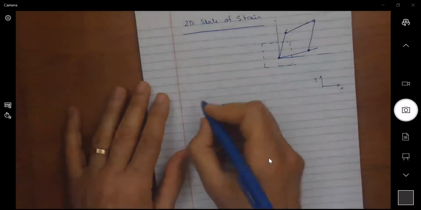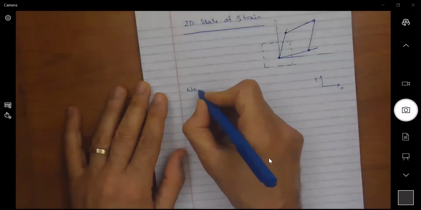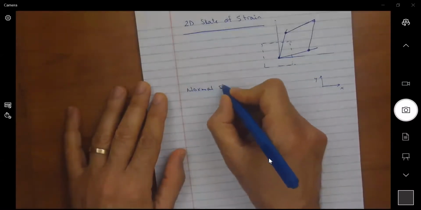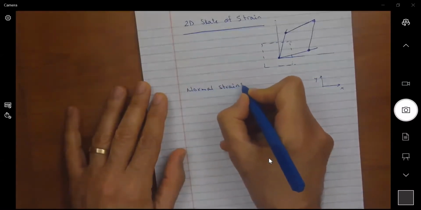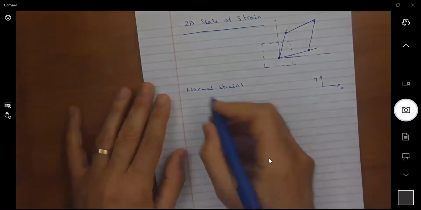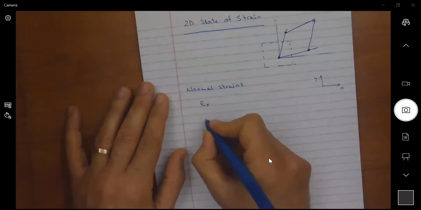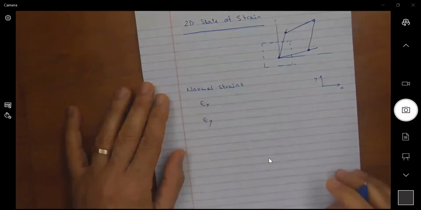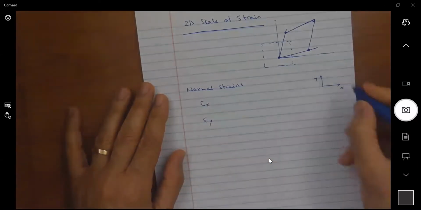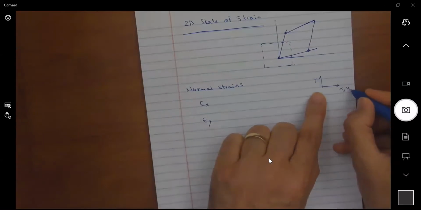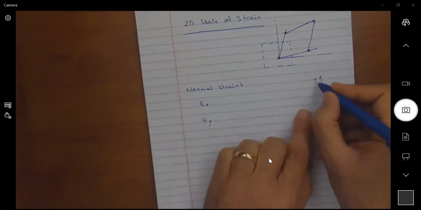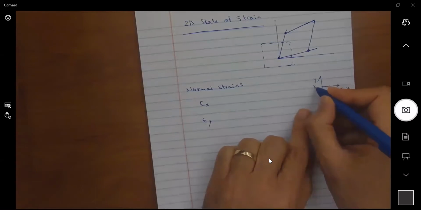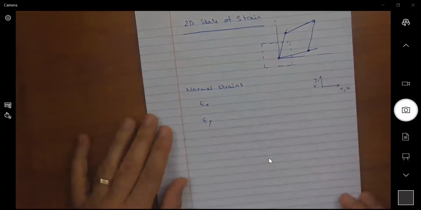And we are going to get normal strains, epsilon x and epsilon y. The displacement along the x-axis is measured by u, and the displacement along the y-axis is measured by v.